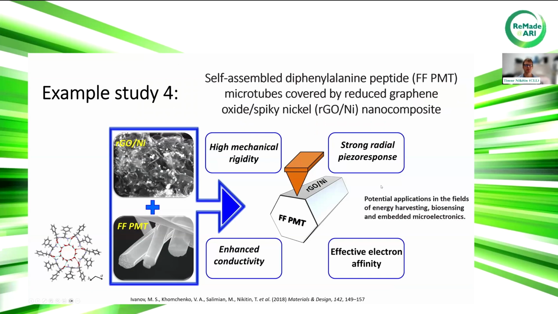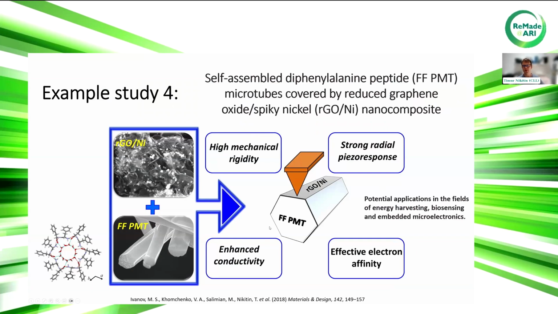Another interesting study, which we also did in collaboration with the physics department of the University of Coimbra, concerned self-assembled diphenylalanine peptide microtubes, which were covered by a reduced graphene oxide with spiky nickel nanocomposite.